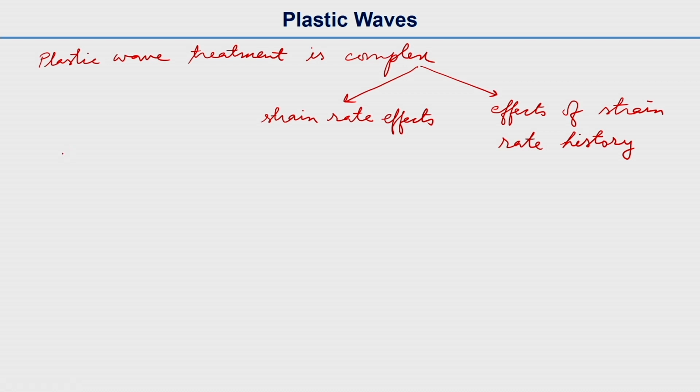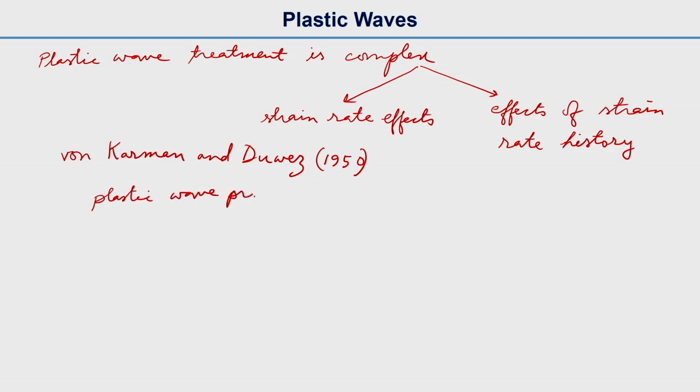So, in 1950, von Karman and Dewey proposed the plastic wave propagation equation, in which the velocity is given by the square root of d sigma d epsilon divided by the mass density.